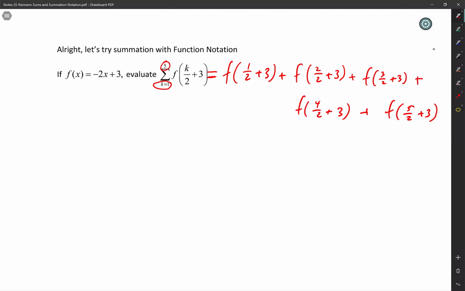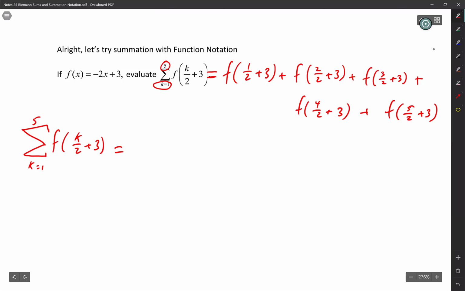So what does this mean? Let me see if I can draw it perfectly. From k equals 1 to k equals 5 of f of k over 2 plus 3 means 1 over 2 plus 3, that's 3.5. f of 3.5 plus 2 over 2 plus 3, that's f of 4.